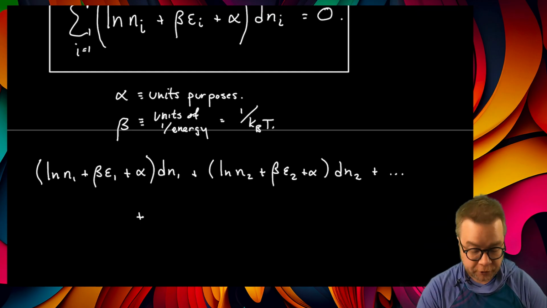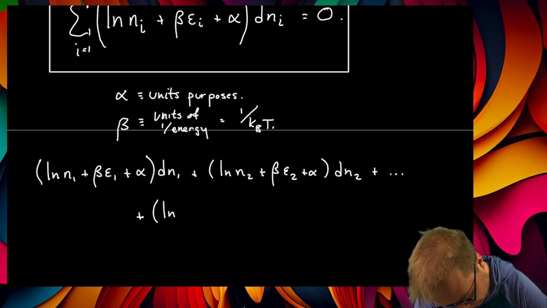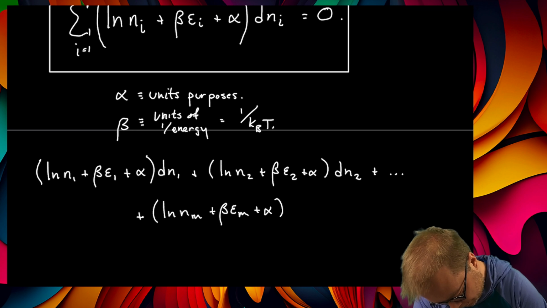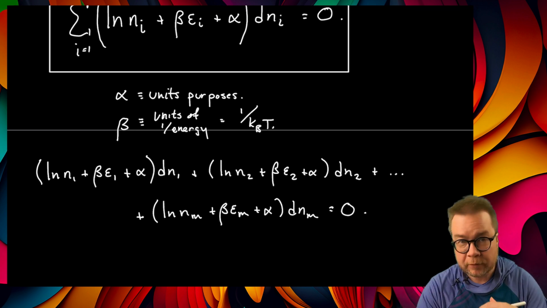Plus, when we get to the mth term, log of n sub m plus beta epsilon m plus alpha, dnm, and all of that has to be equal to 0.